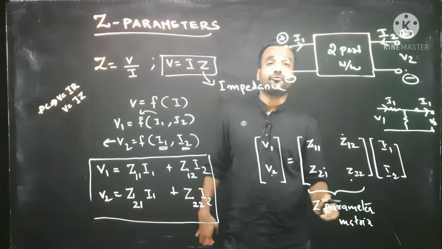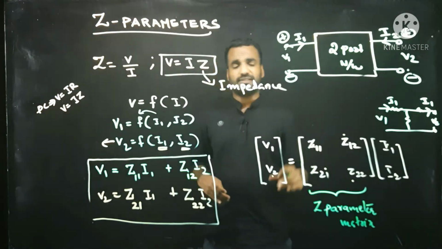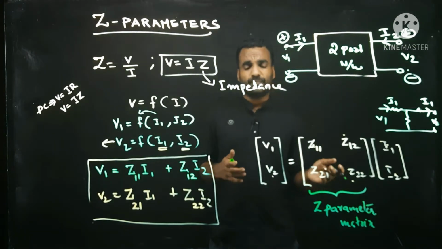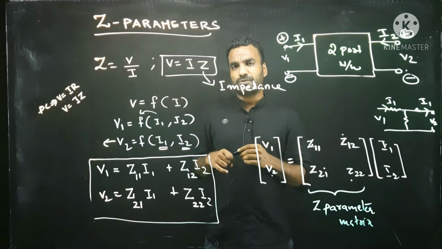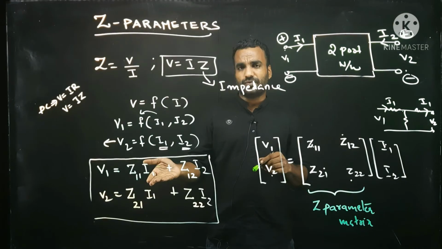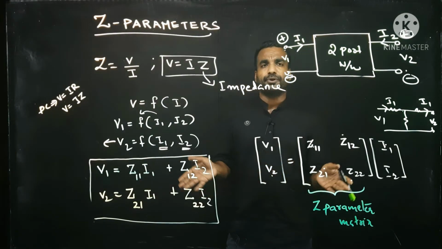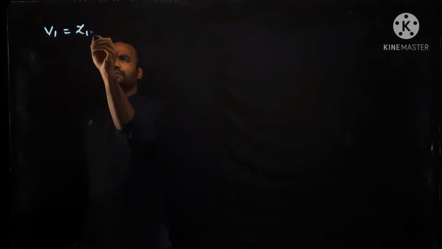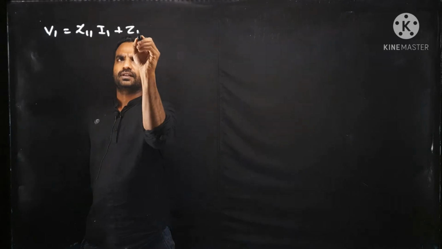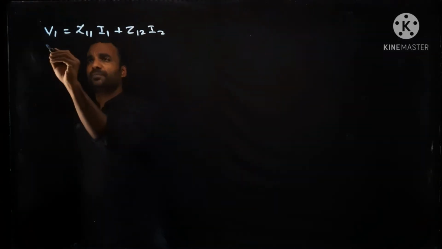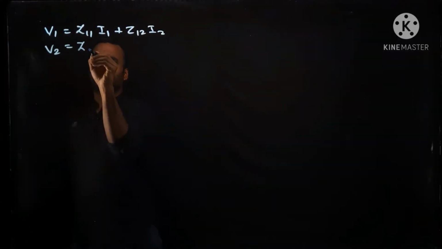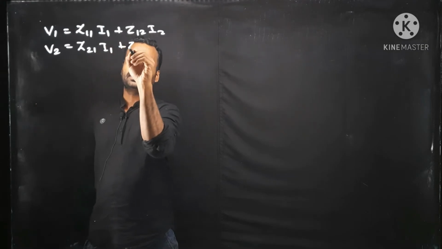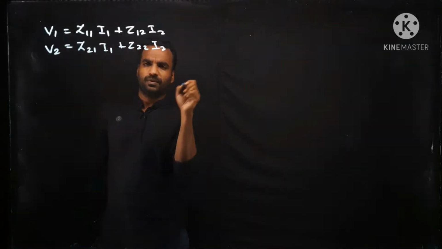Now how can we find the value of each one: Z11, Z12, Z21, Z22? That is also very easy. We can do it from the equation itself. We know that V1 is equal to Z11 I1 plus Z12 I2, and V2 is equal to Z21 I1 plus Z22 I2.